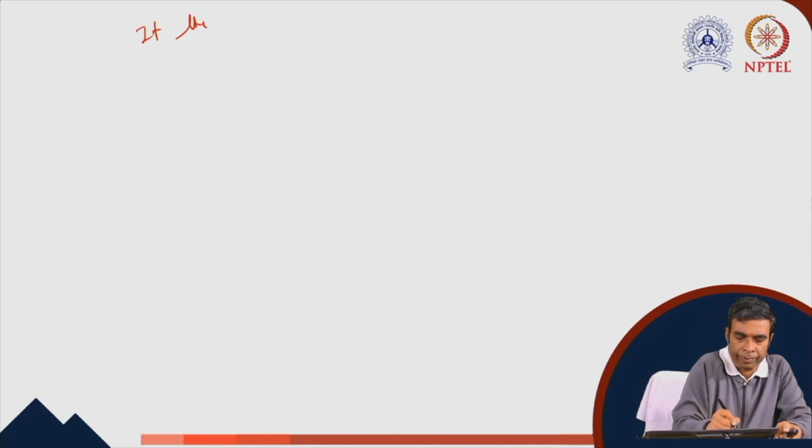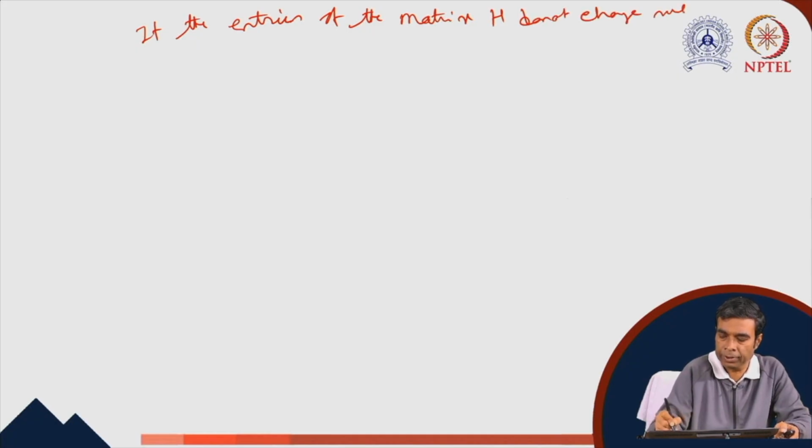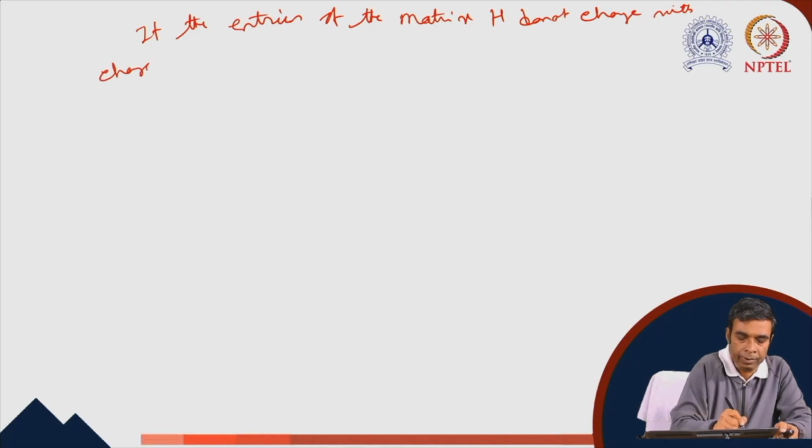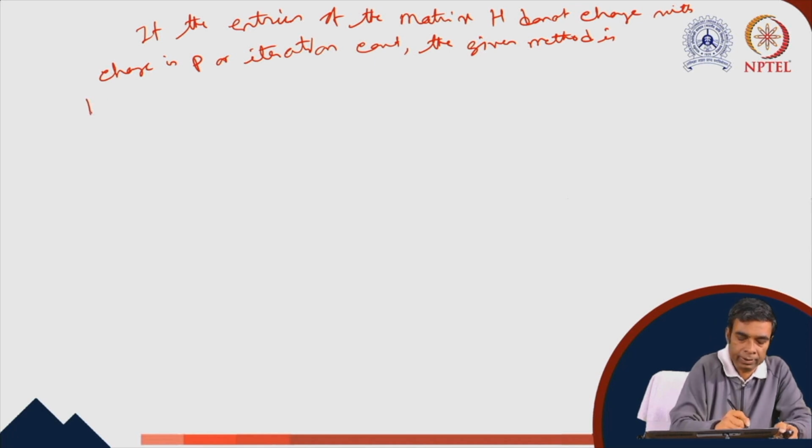If the entries of the matrix H do not change with change in P or iteration count, the given method is known as a stationary iterative method.